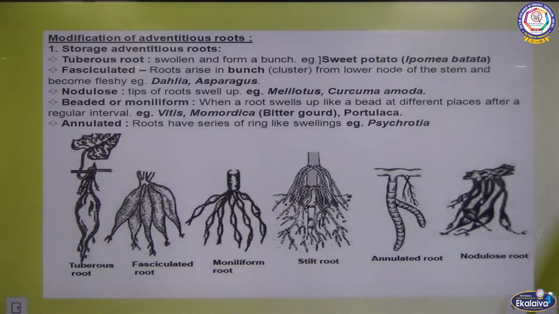And in fasciculated roots, for example, dahlia and asparagus, you will find that the roots arise in a bunch from the lower node of the stem, and the nodulous roots are those roots where you will find that the tip of the roots is swollen, and beaded or moniliform are the bead-like structures where you will find swelling at regular intervals. You call them beaded or moniliform. And then you will find annulated roots where the roots have a series of ring-like swellings.